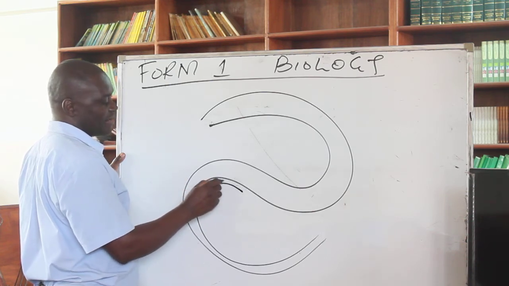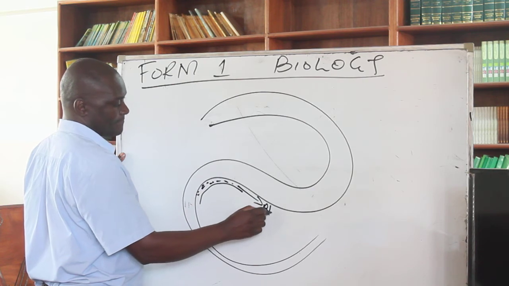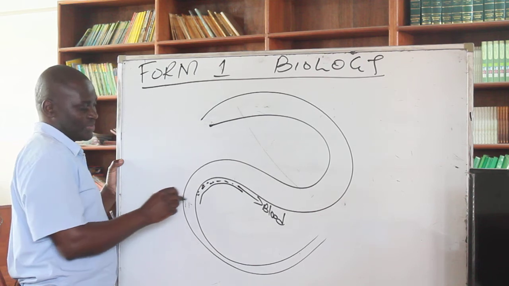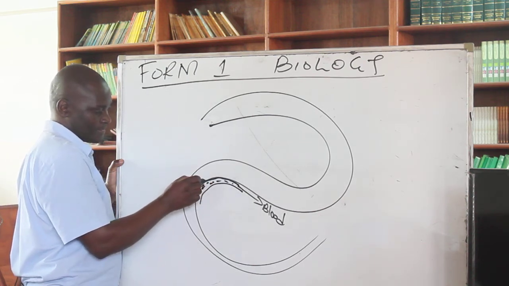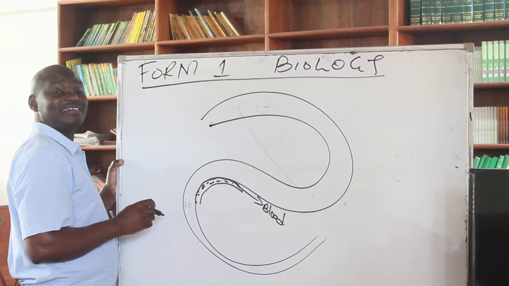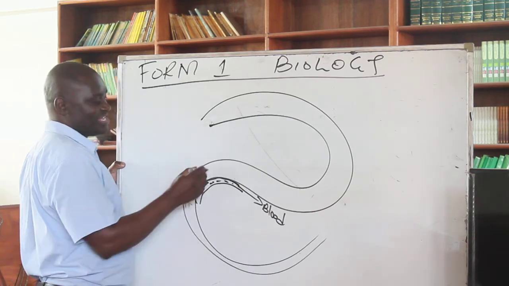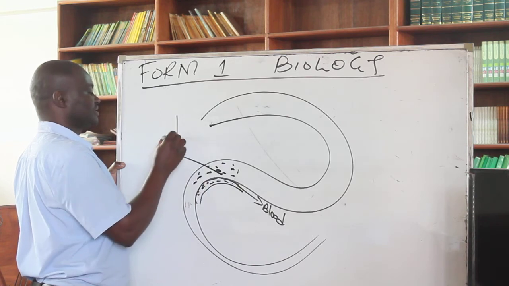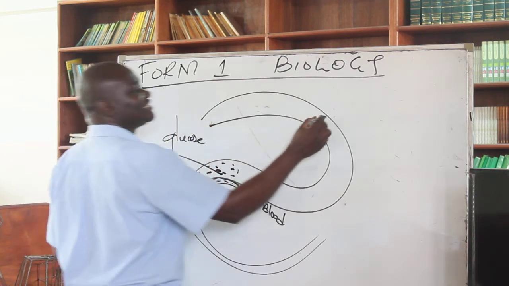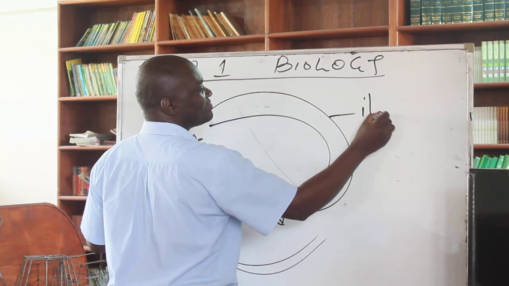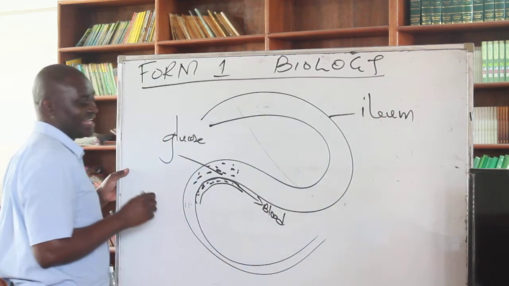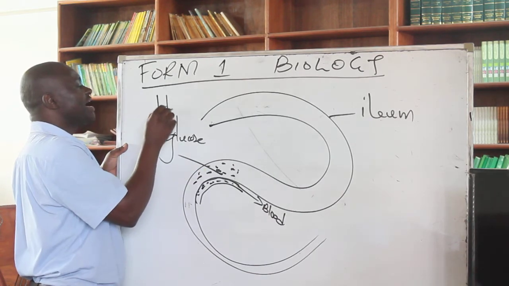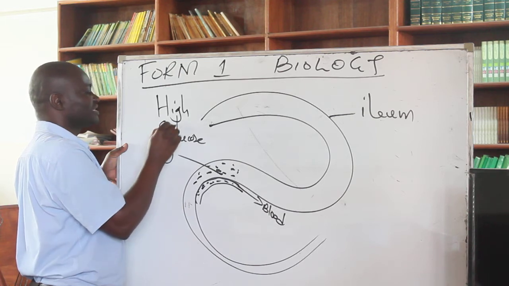So if this is the blood, and for example, if these are the glucose particles, this is the ileum, the small intestine.